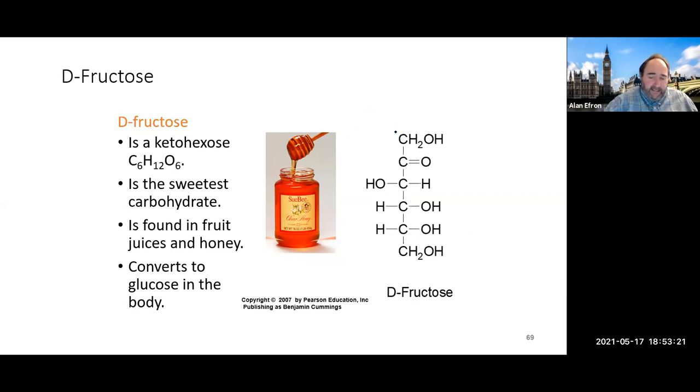Again, it is a ketose, and we can see our ketone group right about there, which is a major difference from glucose, which has an aldehyde type group up there. This is a D-fructose because the last chiral carbon, right there, has the OH group on the right-hand side, and that means that it is D.